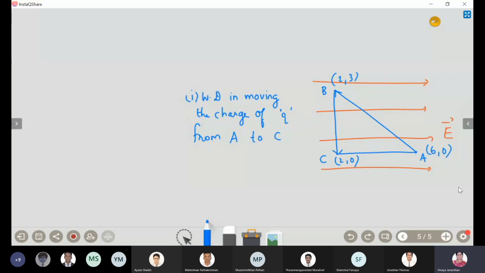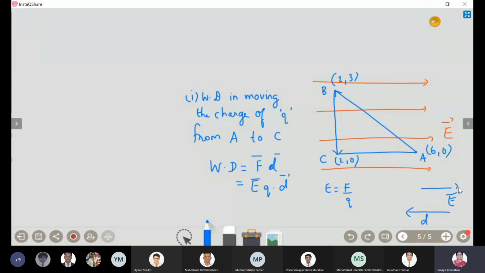Okay, what is work done, boys? Work done is force into displacement, right? What is force? E is equal to F upon Q, so F is E Q. What is the angle between E and d? d is displacement, because you are moving from A to C. E is acting positive.